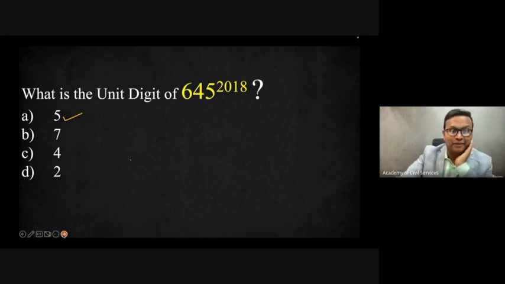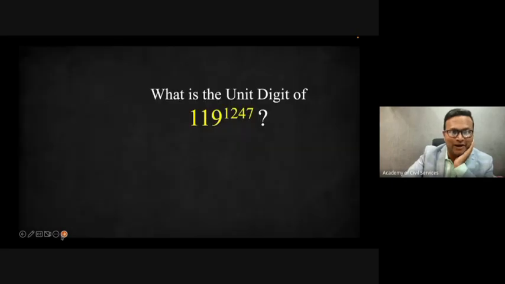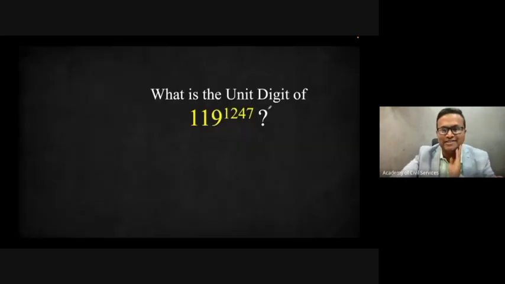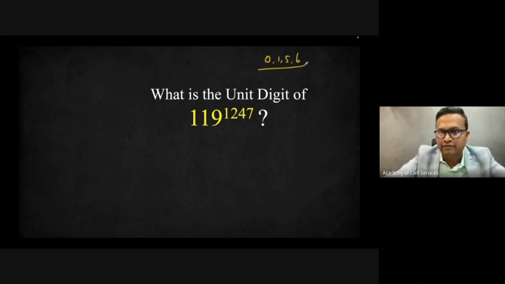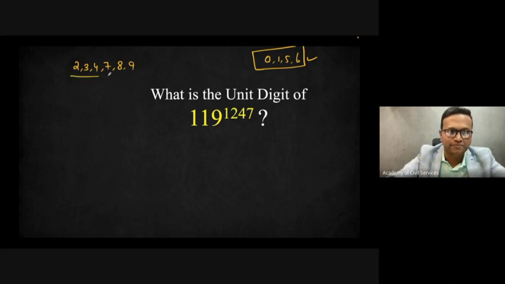Now, you will have a problem if a question like this comes. What is the unit digit of 119 power to 1247? Obviously, when the unit digit of the base is 0, 1, 5, or 6, our task is very easy, the same number. But if the unit digit of the base is either 2, 3, 4, 7, 8, or 9, what to do?